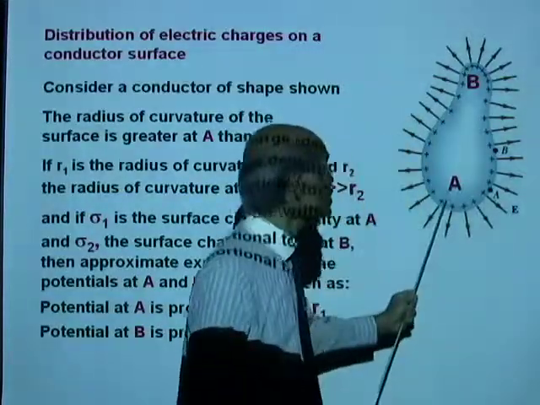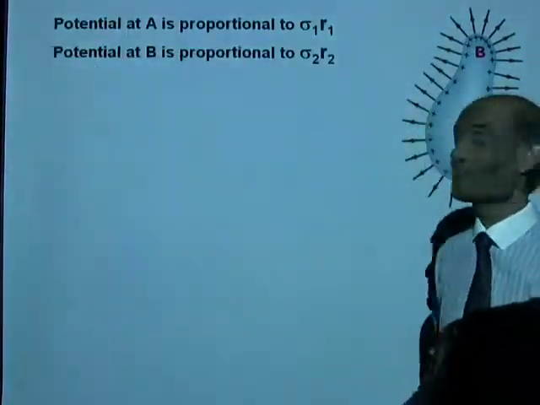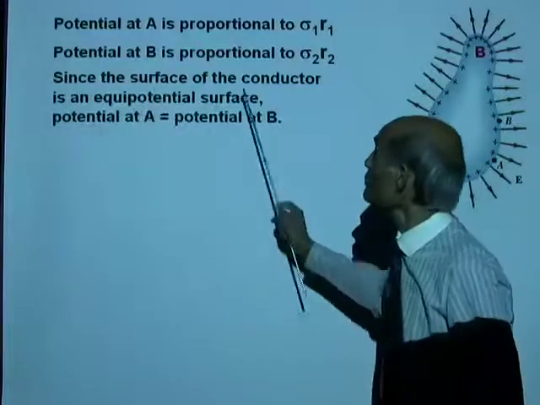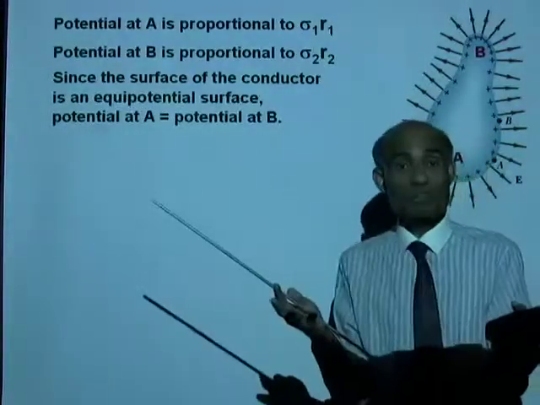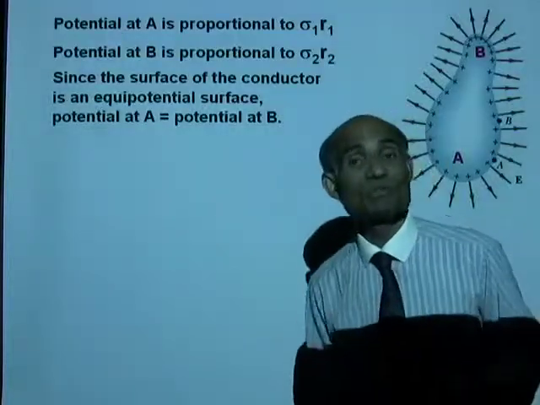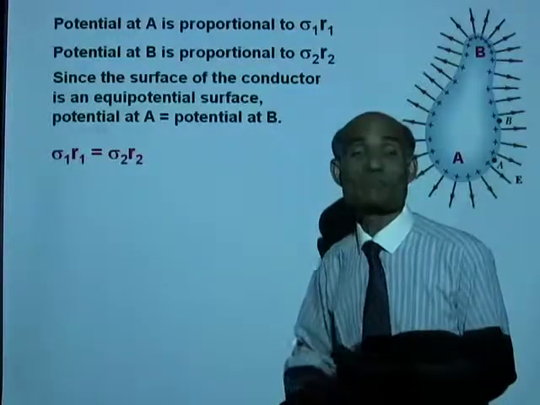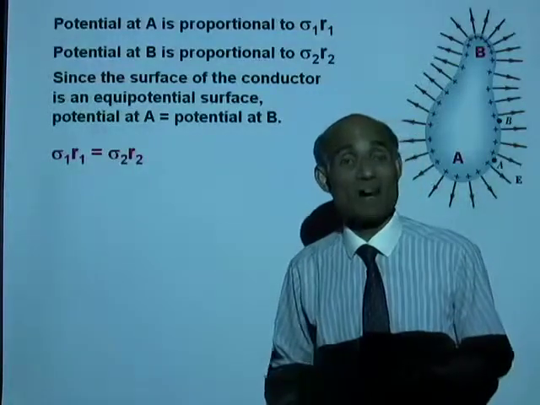That means the potential at A must be equal to the potential at B. Since the surface of the conductor is an equipotential surface, the potential at A must be equal to the potential at B, or sigma 1 R1 must be equal to sigma 2 R2.